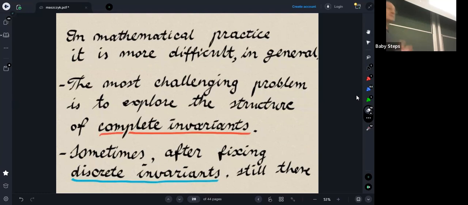Sometimes it is quite difficult. In particular, one could dream about invariants which fully or completely characterize the objects of our complicated category.